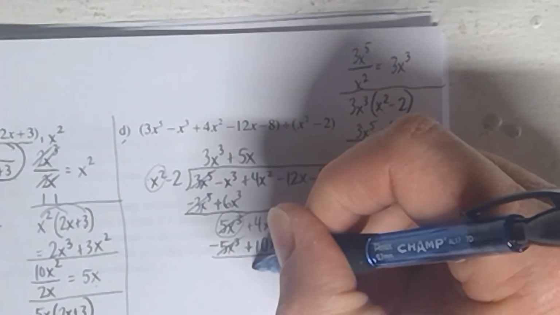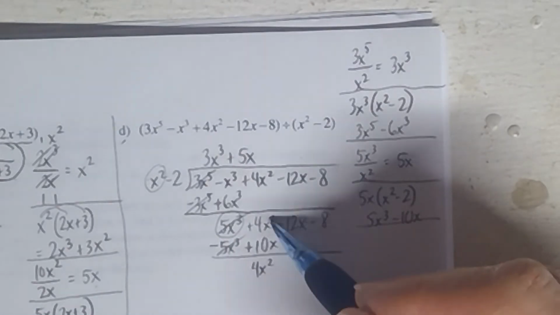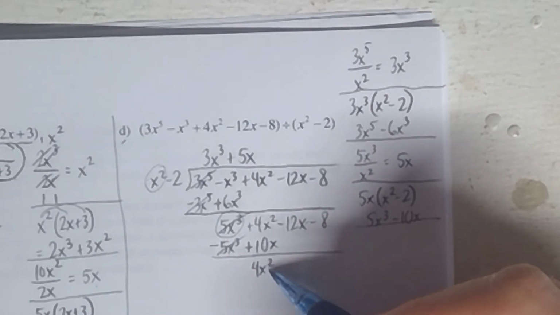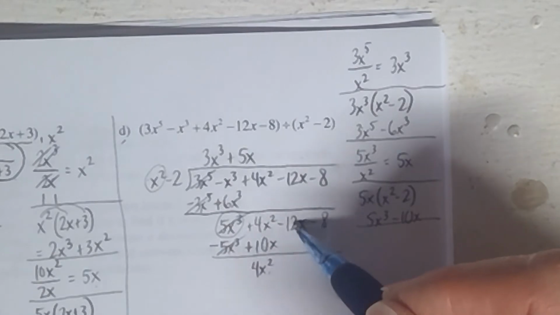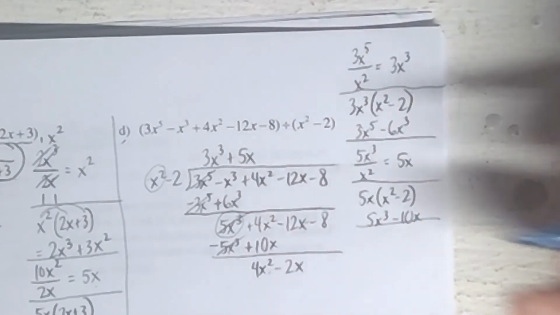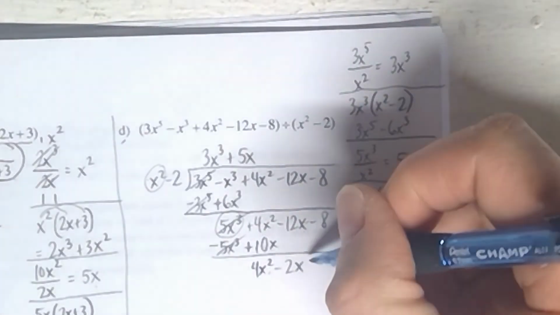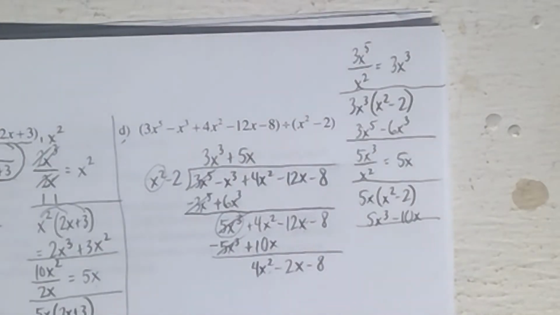Then 4x squared does not have a like term partner, so you just bring it down. Remember, bring down the highest degree term first. And these two are going to become negative 2x when you combine them. Then minus 8 doesn't combine with anything, so bring that down.